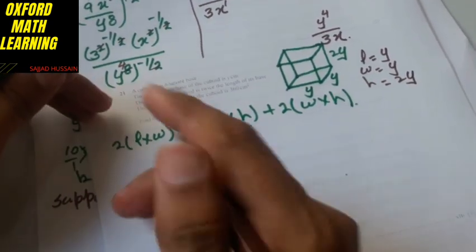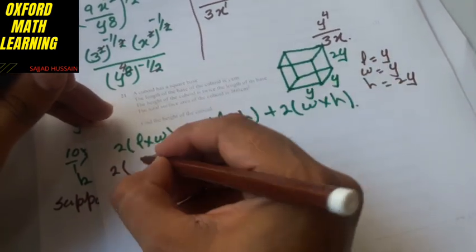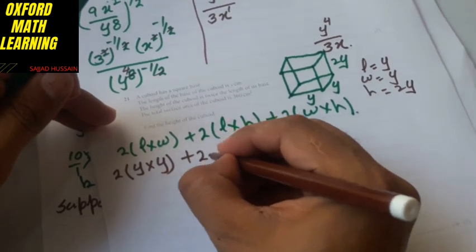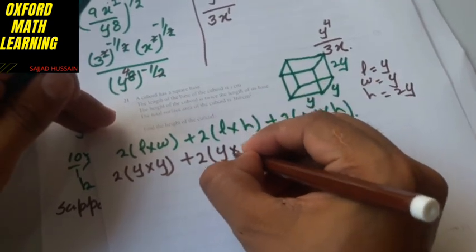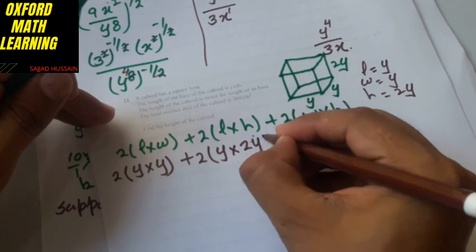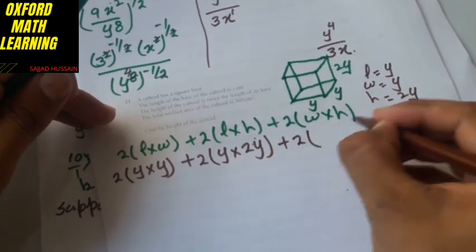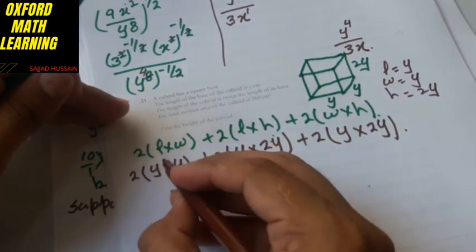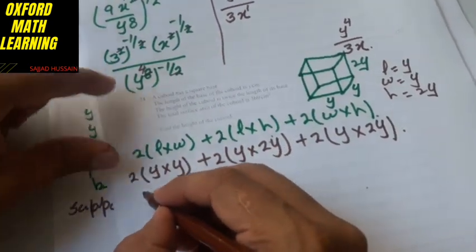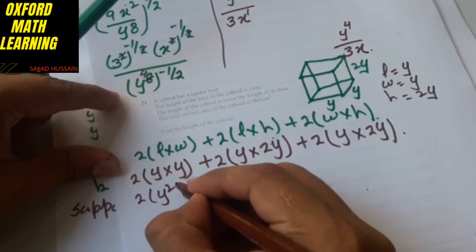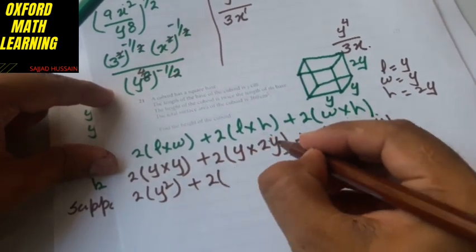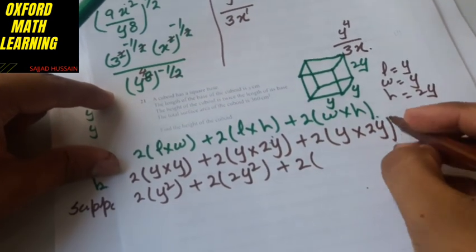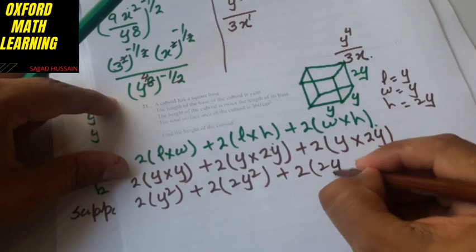Now place the values: 2 into length y, width y, so 2y square, plus 2 into length y, height 2y, which becomes 4y square, plus 2 into width y, height 2y, which becomes 4y square.